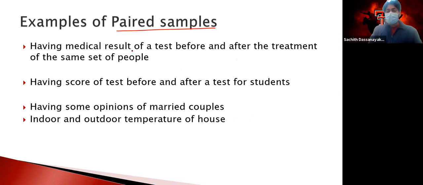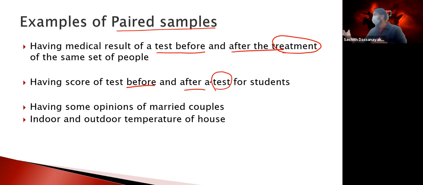This example has medical results, tests before and after a particular treatment. Same person, two different measurements. This one, a score before and after the final test. Same thing here, opinions of married couples before their marriage and after their marriage. Sometimes the before measurement and the after measurement are similar, so there is no difference between those two.